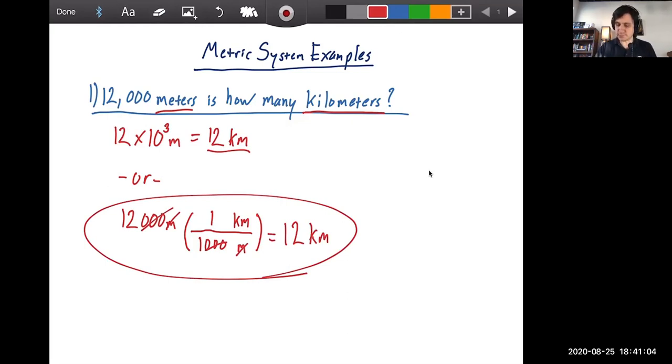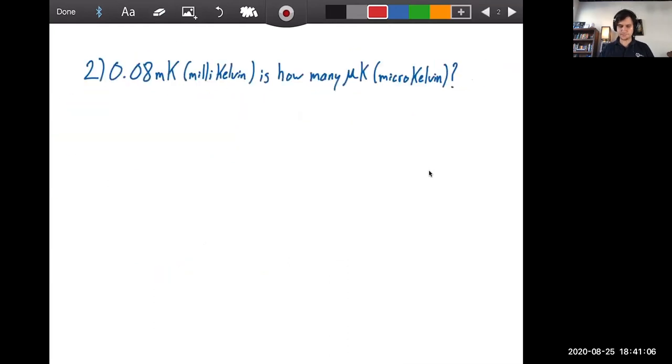All right, let's move to the second example. Getting a little bit more difficult here. So we have 0.8 millikelvin is how many microkelvin? So this one is slightly more complicated.